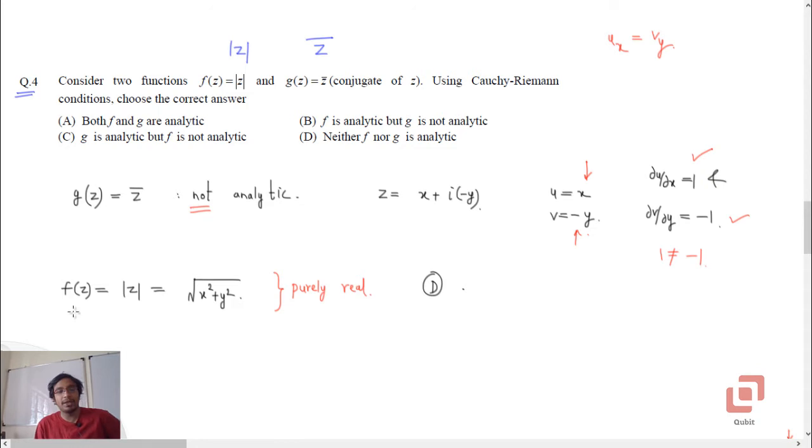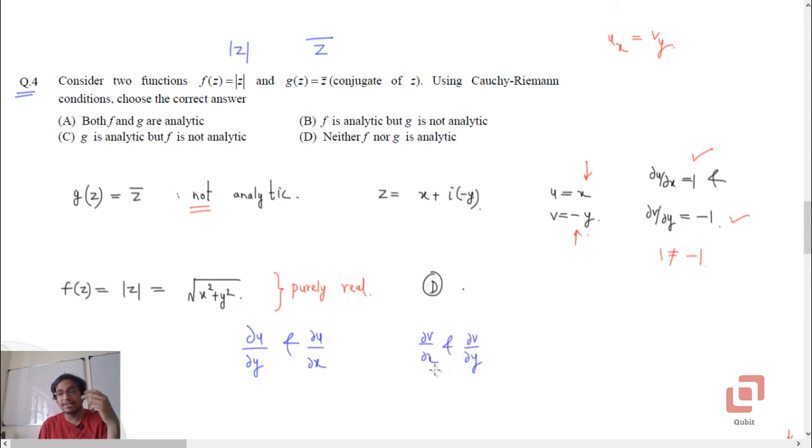Similarly you can establish the fact that mod z is also not analytic because it is purely real and of course a variable function. So ∂u/∂y as well as ∂u/∂x are never going to be zeros. But what is going to happen with ∂v/∂x and ∂v/∂y?